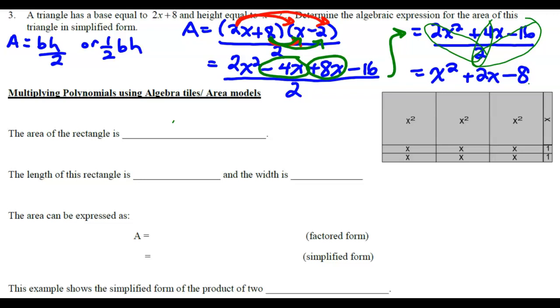We're not using algebra tiles in 10C. That's kind of a middle school introduction to them. But if it helps you remember what to do, then certainly you can visualize it. But we're moving on to not having to use manipulatives for multiplying. We expect that understanding already.